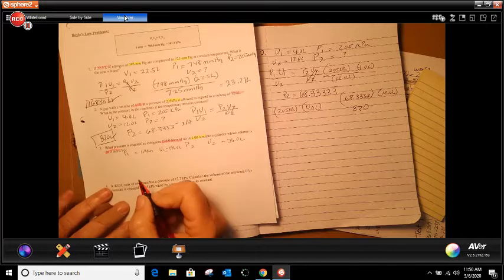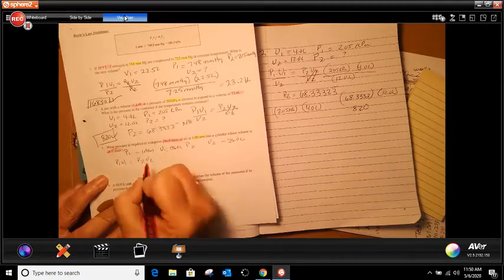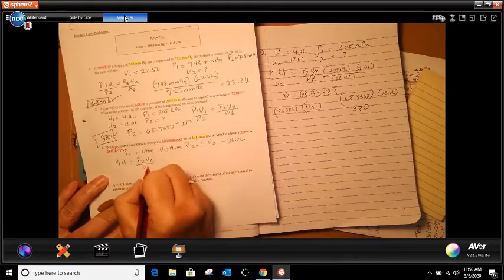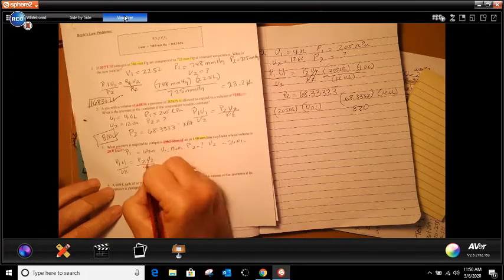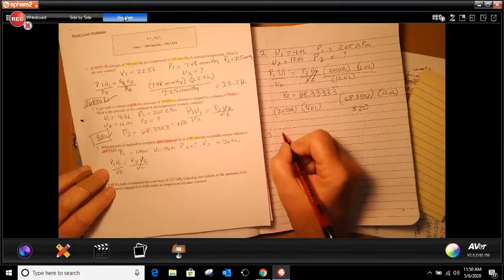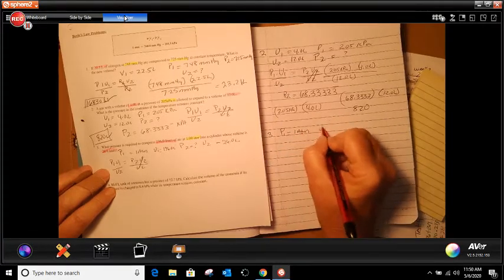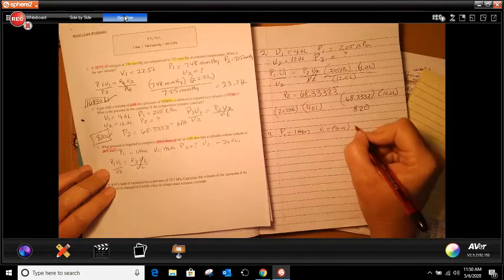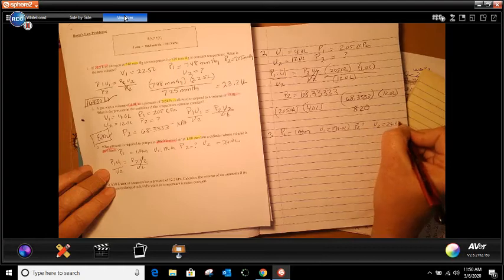So then what I'm going to do, P1 V1 equals P2 V2, my formula. I am looking for P2, so I'm going to divide both sides by V2. Based on that, for number 3, P1 equals 1 atm, V1 equals 196 liters, P2 is a question mark, and V2 is 26.0 liters.